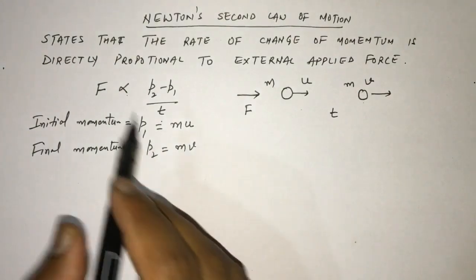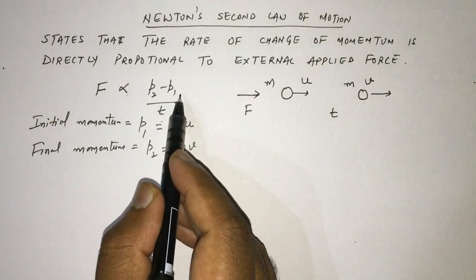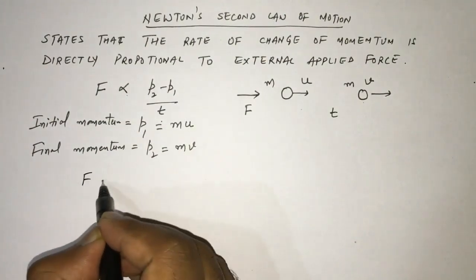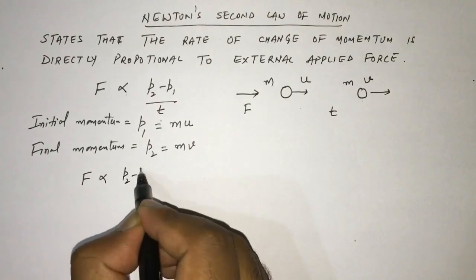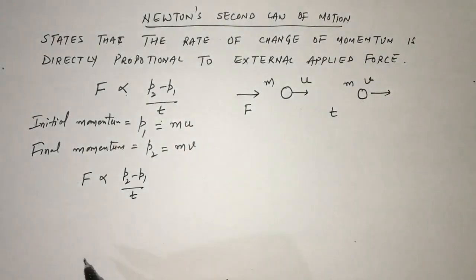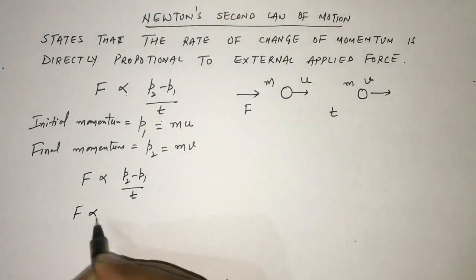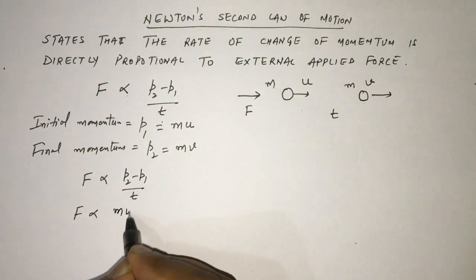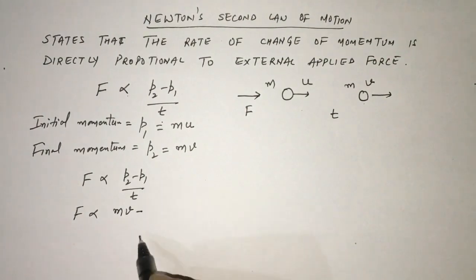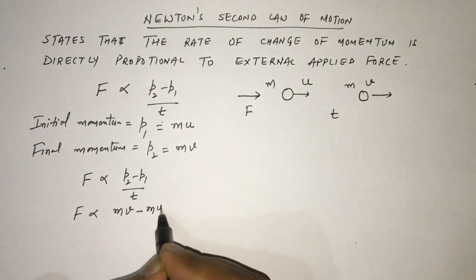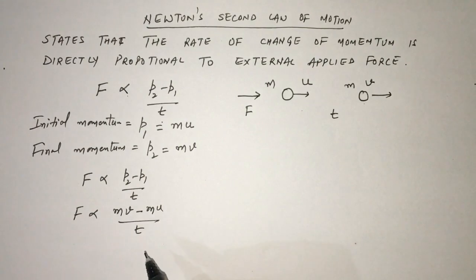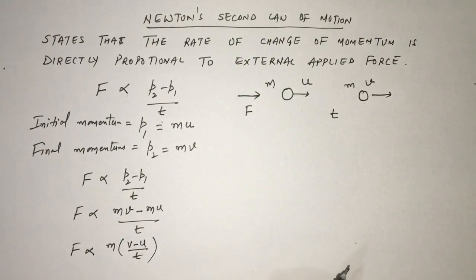Now, according to the law, we have F is directly proportional to (P2 minus P1) upon t. The value of P2 is mv minus the value of P1 is m into u, upon t as it is. Now, F is directly proportional to m common, it becomes (v minus u) upon t.